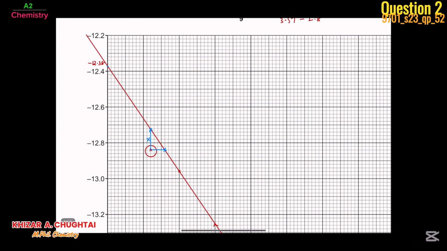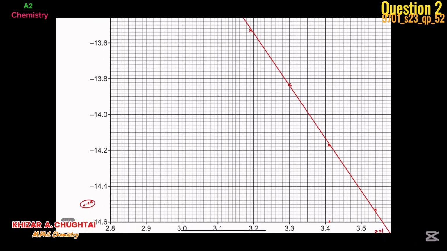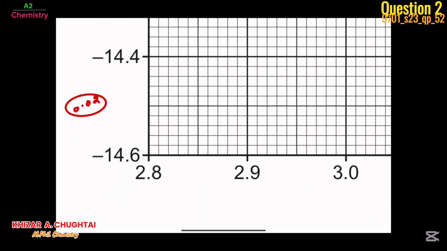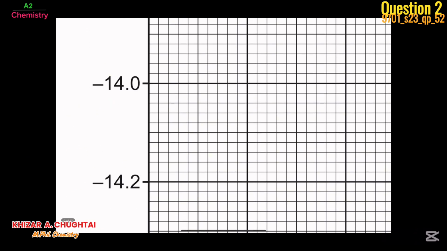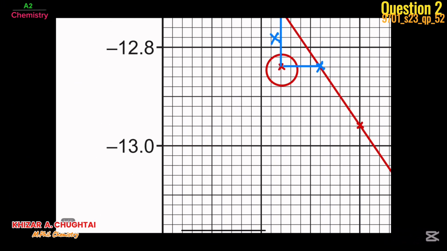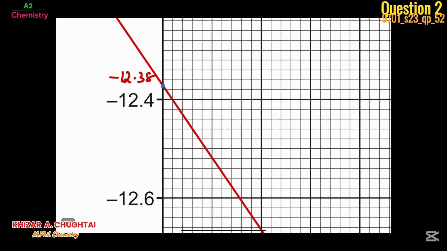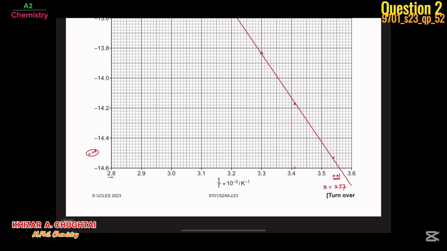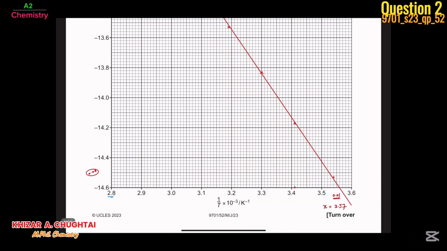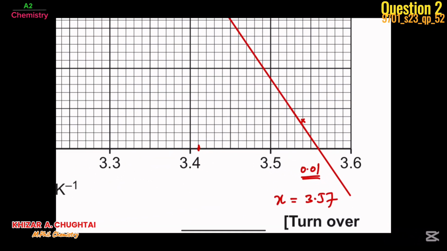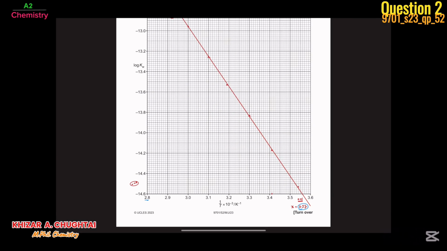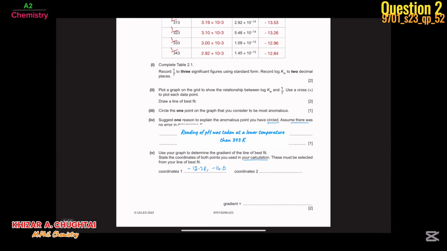Coordinates 2, that is with respect to the x-axis, the one is 2.8, where this line is intersecting the axis, 2.8. The last one is 3.57. So 2.8 and 3.57, these are the two x coordinates.